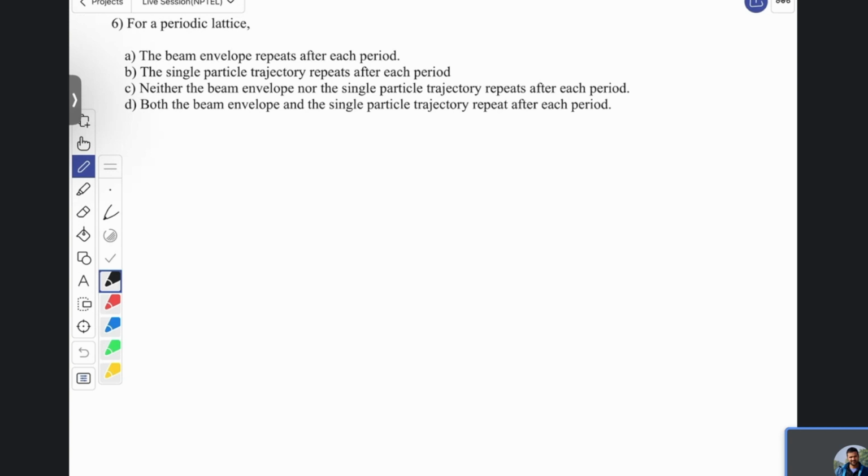So okay, next question. For a periodic lattice, which of these are true? The beam envelope repeats after every period.